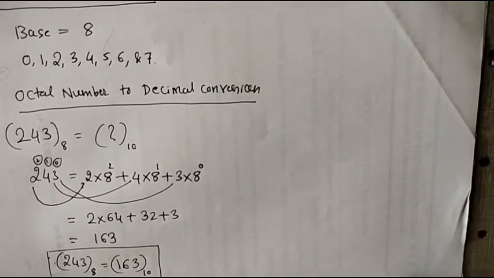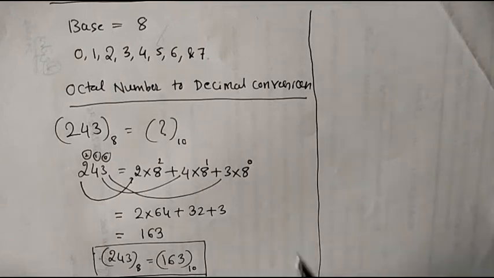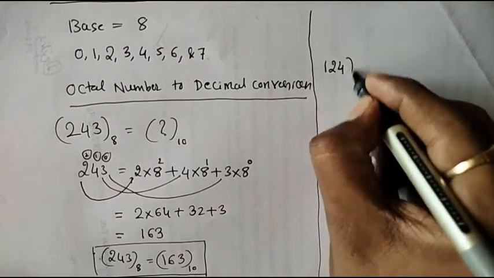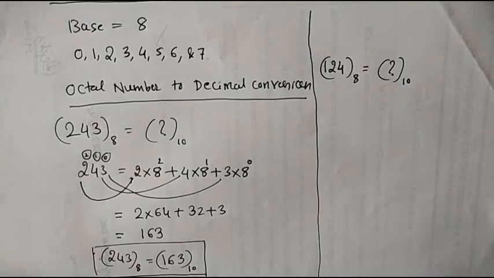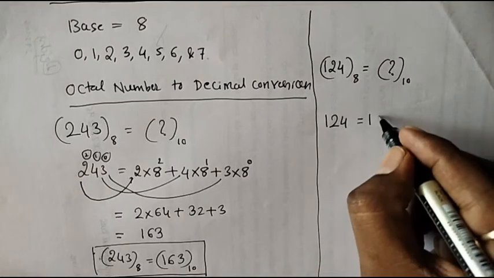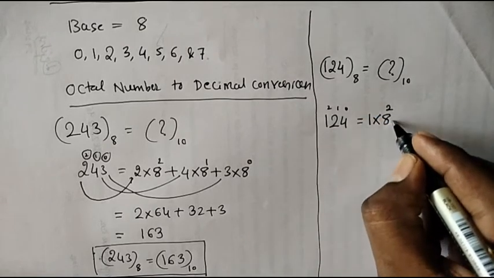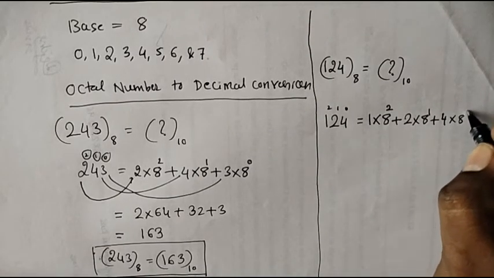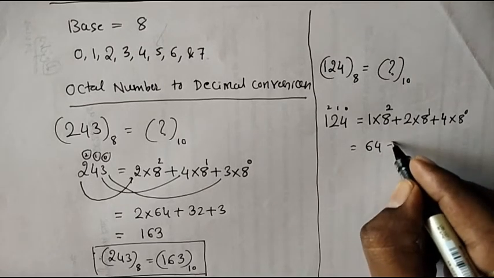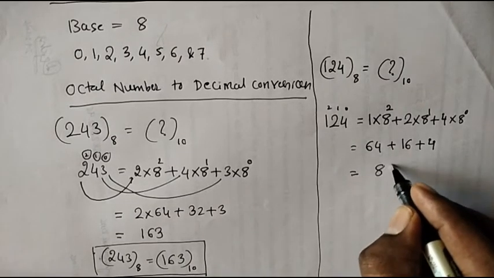Let us take one more example. 124, which is in octal, convert into decimal. 124, it can be represented as 1 into 8 raised to 2, plus 2 into 8 raised to 1, plus 4 into 8 raised to 0, that is 64 plus 16 plus 4, which is equal to 84.